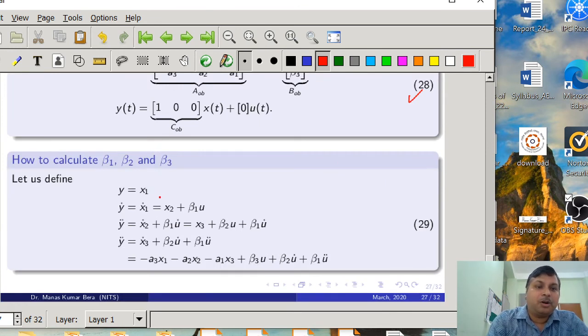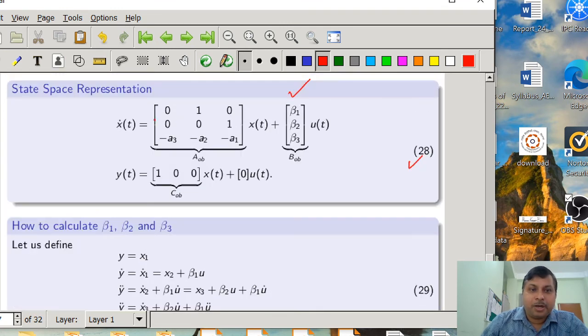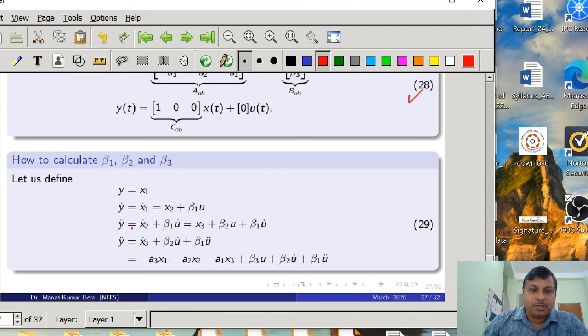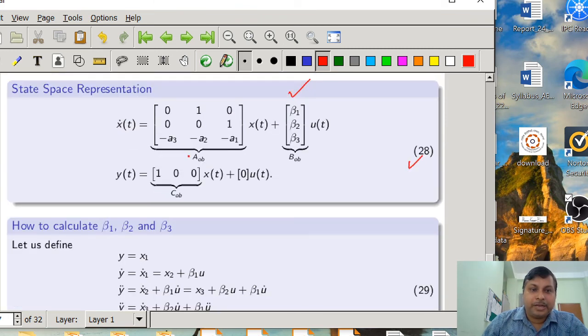Then y dot is x1 dot, and from equation 28 we can see that x1 dot is equal to x2 plus beta 1 into u. Then y double dot we can write as x2 dot plus beta 1 into u dot. And how will we write x2 dot? x2 dot we can write from the state space equation, that is basically x3 plus beta 2 into u.